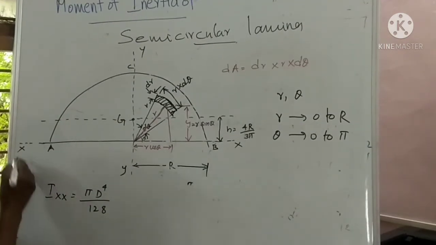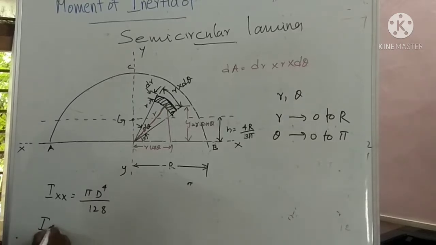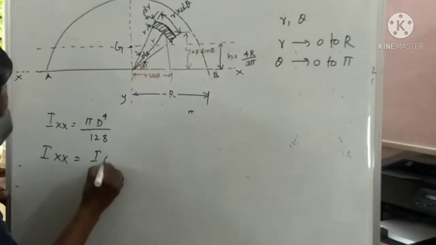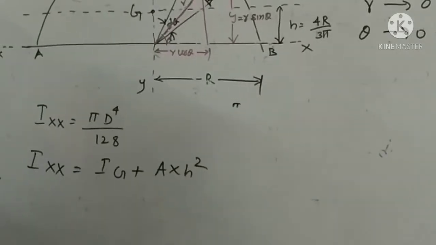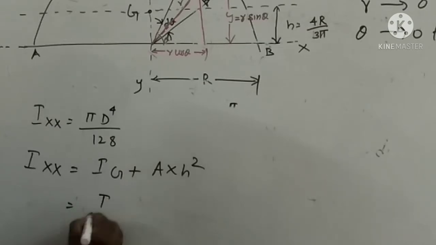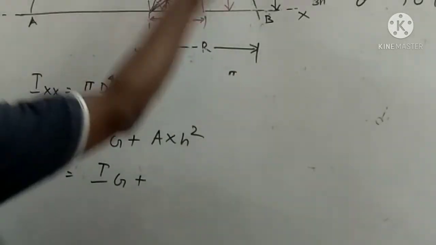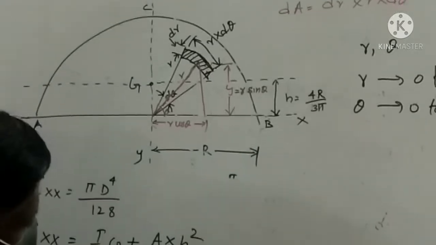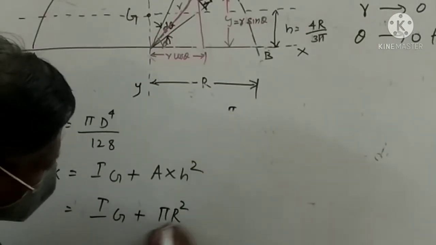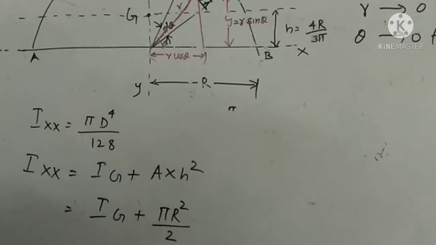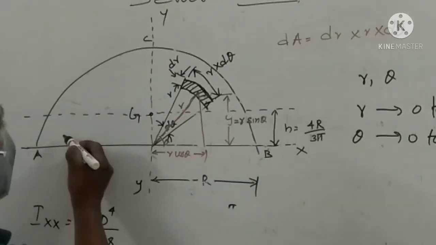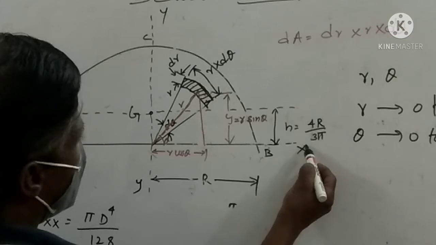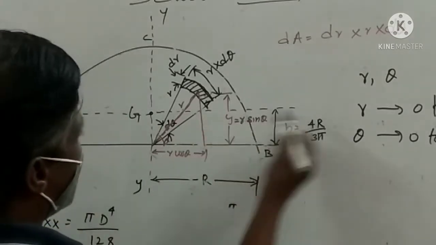As per the parallel axis theorem, this Ixx is equal to Ig plus A H square, which is Ig plus the area of the semicircular lamina, pi r square divided by 2, into H. H is the distance between the reference axis and the horizontal centroidal axis.